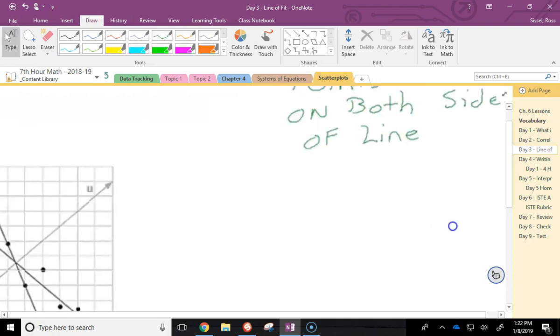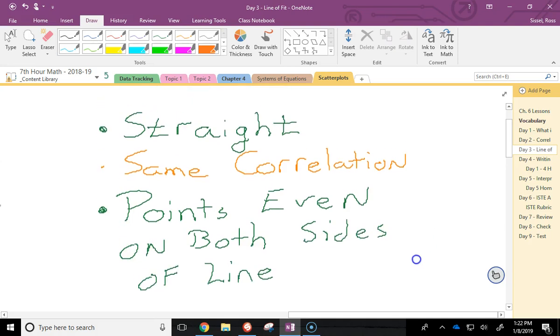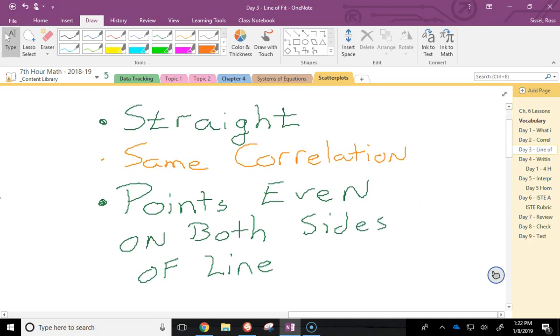I'll zoom in so you guys can see all this. So I'm just going to make this out of 3 things that are very important. 1, your line has to be completely straight as you can. It needs to have the same correlation. If you have a positive correlation, you have a positive line. If you have a negative correlation, negative line.